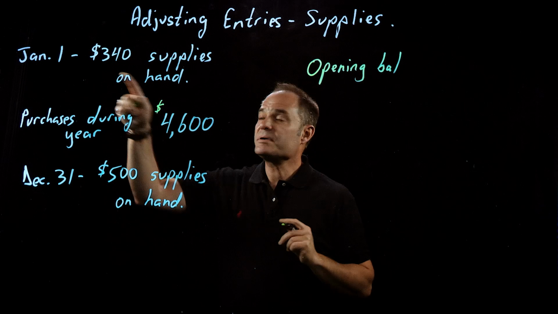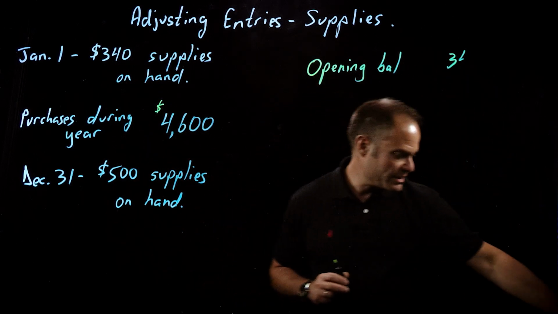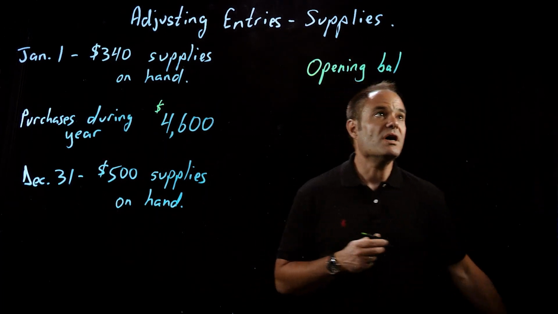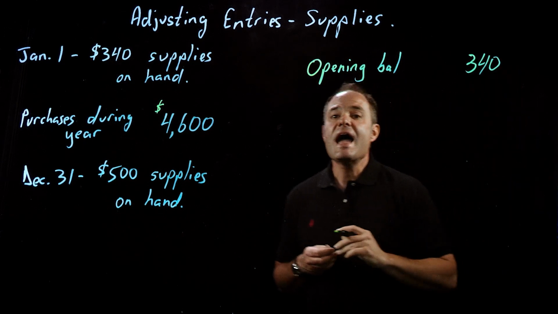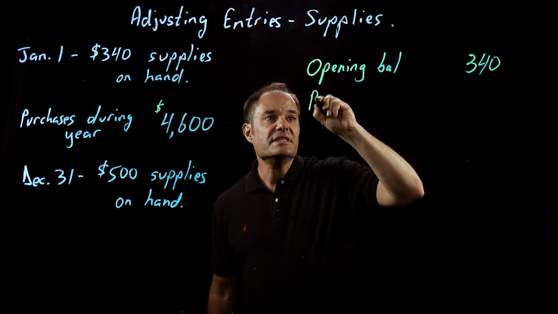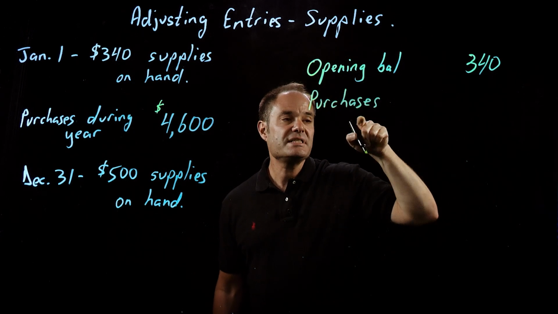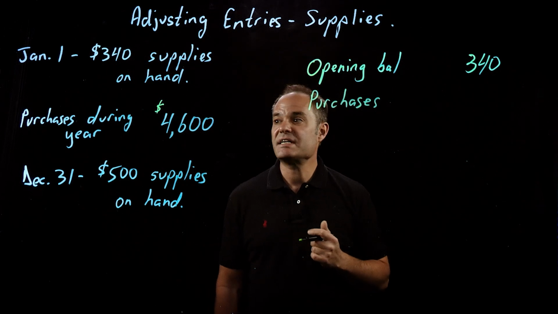So at the start of the period, we had $340 worth of supplies. And then during the year, we had purchases. We can either record one line for purchases, as we're doing here, or put in each purchase individually, whichever makes more sense.